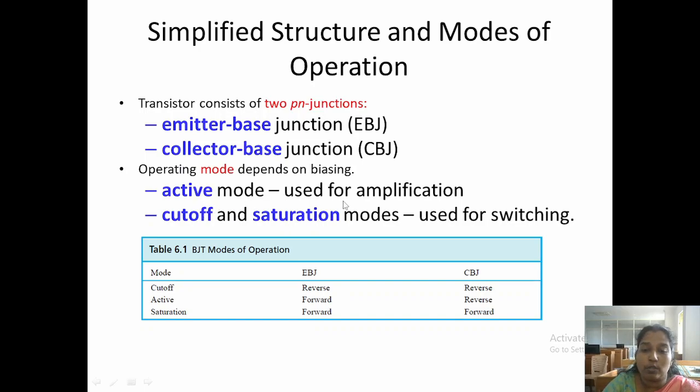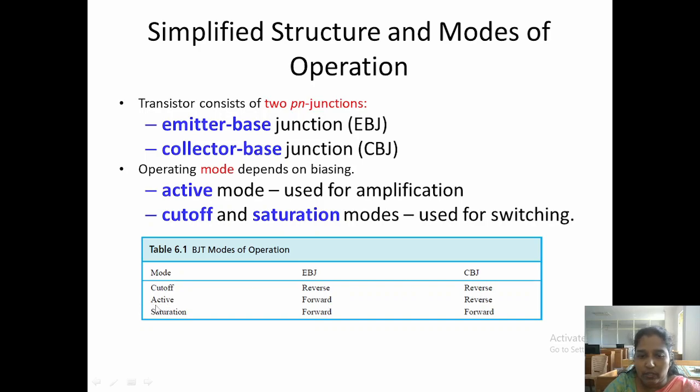The active mode is used for amplification. As I said earlier, there are two applications of a transistor: amplification and switching. The active mode is used for amplification, and the cutoff mode and saturation mode are used for switching. The operation of the BJT is given here in simplified form. In cutoff mode, the emitter-base junction is reverse biased, as well as the collector-base junction.